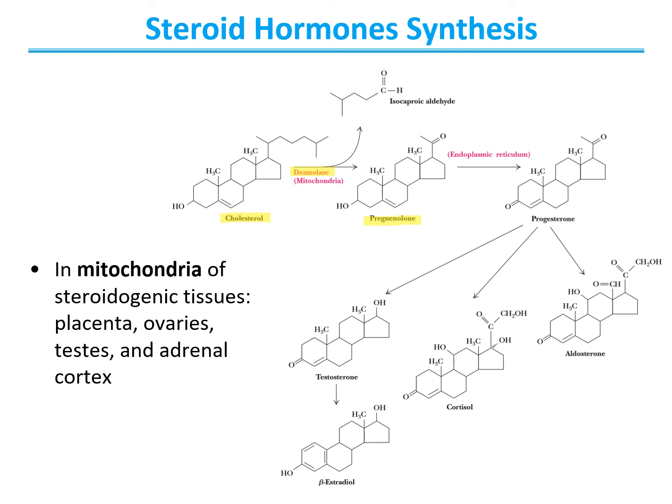Later on in the ER, or endoplasmic reticulum, we get the progesterone, and as we saw in the previous slide, progesterone can be converted to testosterone, the male sex hormone, later converted to the female sex hormone estradiol, or we can convert progesterone to cortisol, and in other organs into aldosterone as well.